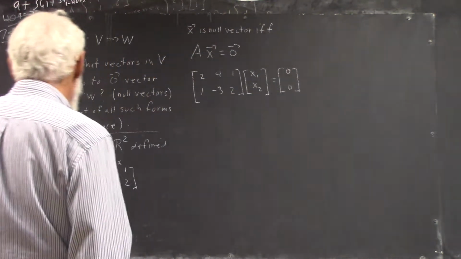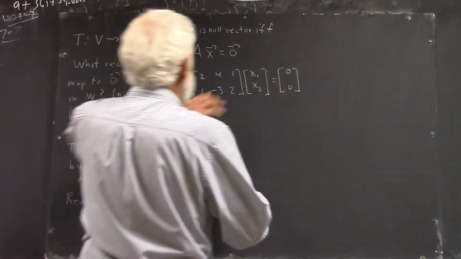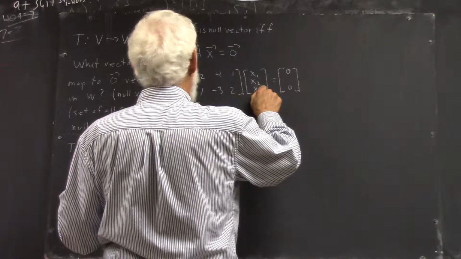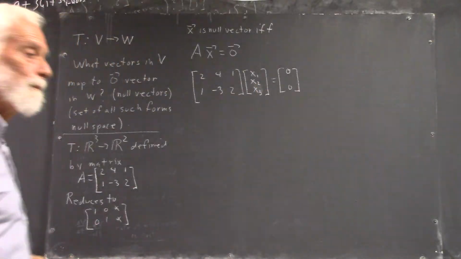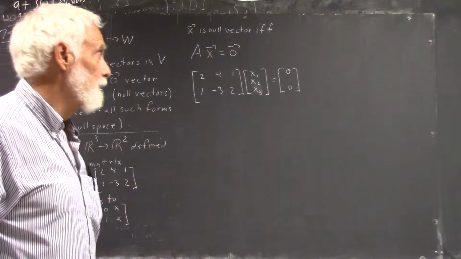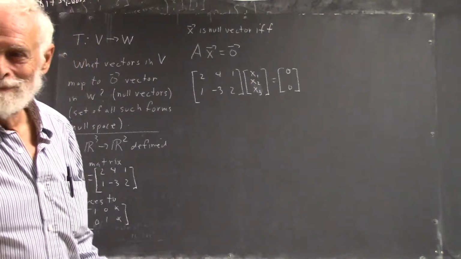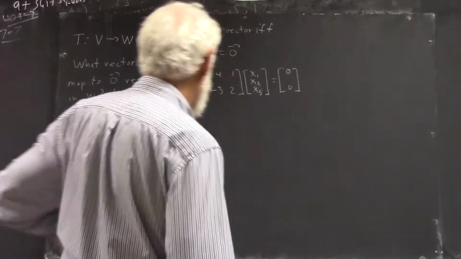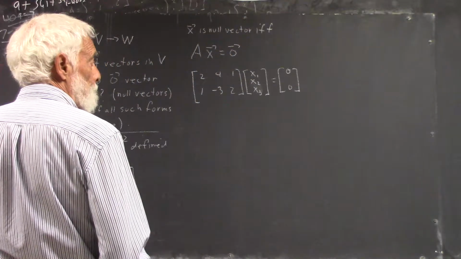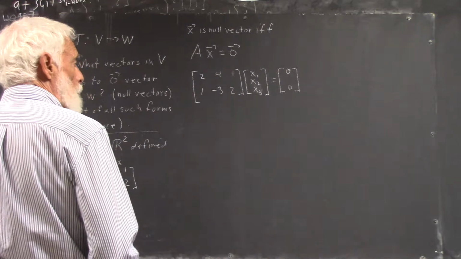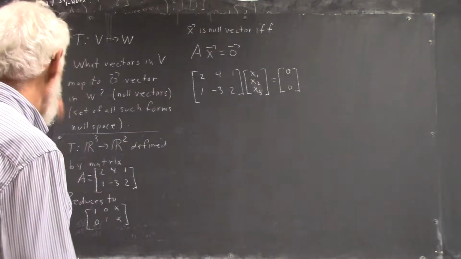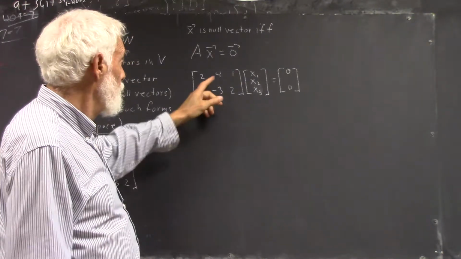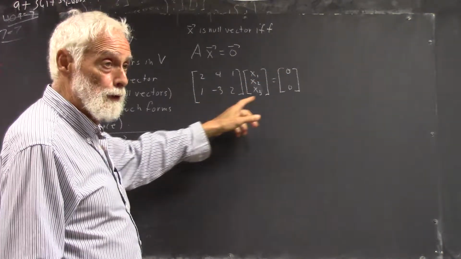And mapping from R3, I started to do the multiplication. Oh, wait a minute. I wrote it down carelessly. So we could then proceed to reduce an augmented matrix: 2, 4, 1, 0, 1, -3, 2, 0.